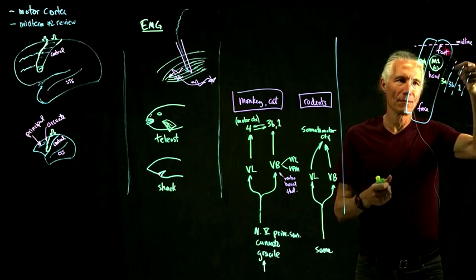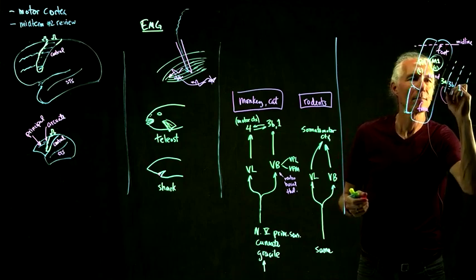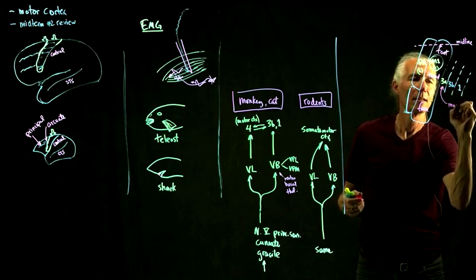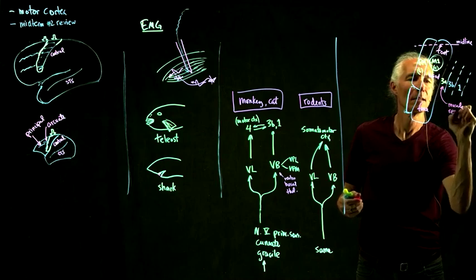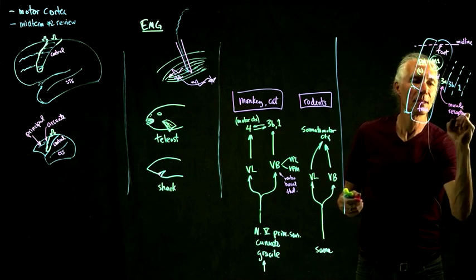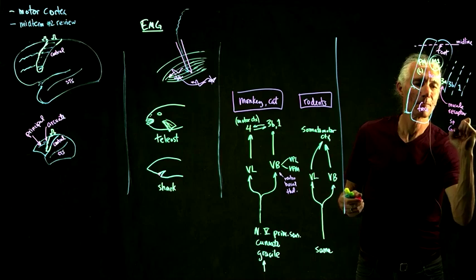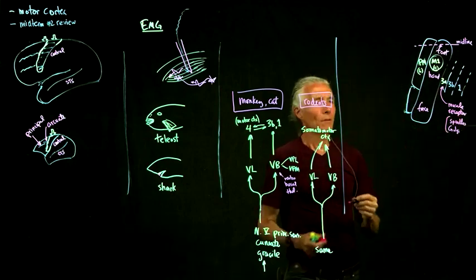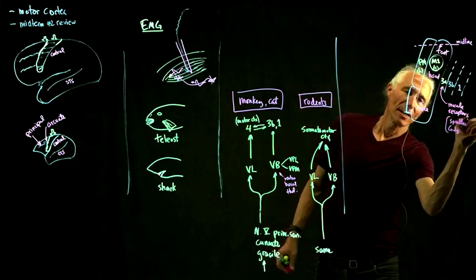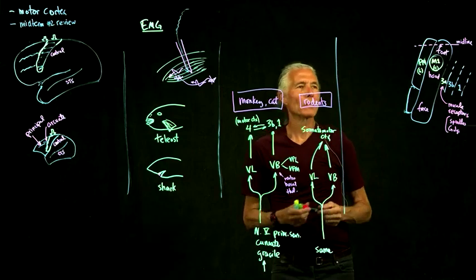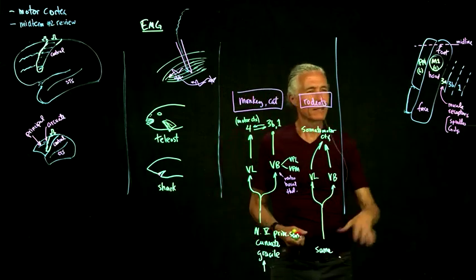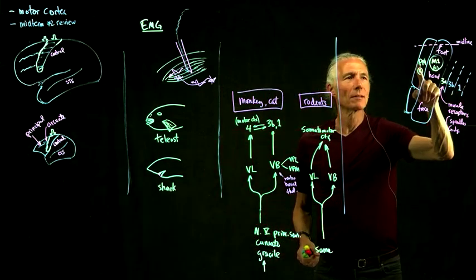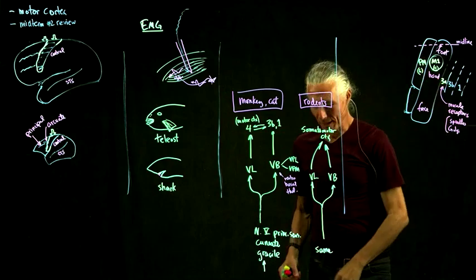It's arranged into foot, hand, and face also, but it has muscle receptors in it, like muscle spindles and Golgi. It has touch in it also, but it's got a lot of muscle receptors. Okay, so that's what we did when we talked a long time ago about somatosensory.